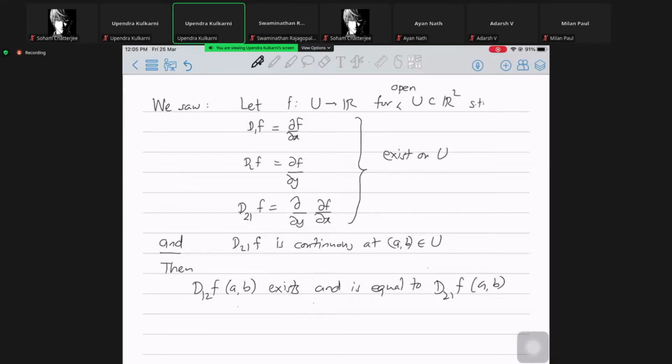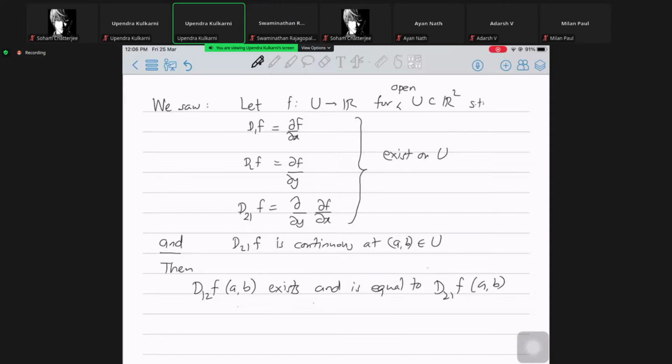So if d12 of f at (a, b) exists, then what limit would it have to be? It would have to be a double limit: limit as h approaches 0 of limit as k approaches 0 of something or the other. And likewise for d21. So if you write down both of these things, then you will see that the quantity to which we applied the mean value theorem, you're forced to deal with that quantity. Anyway, but for now, we will just take this for granted.